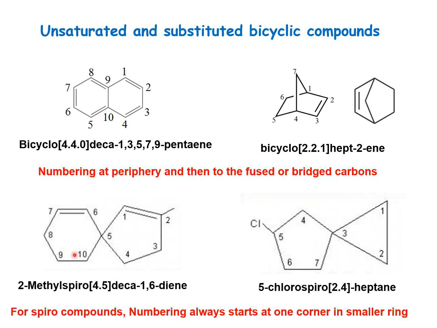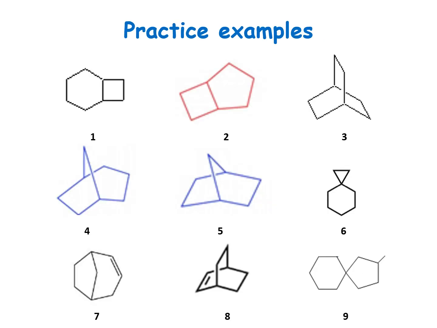So it will become 2-methylspiro, then we know 4.5 deca, and there are 2 double bonds. First double bond at the first and second carbon atom, second double bond between 6th and 7th carbon atom.